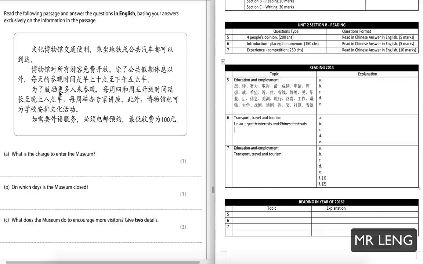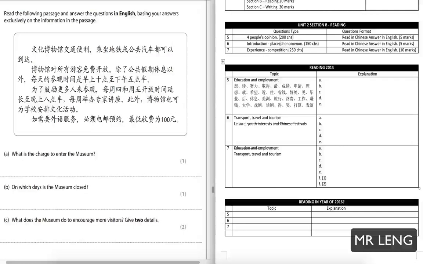为了鼓励更多人来参观 In order to encourage more people to visit, 每周四和周五开放时间延长至 extend to 晚上8点半。每周举办专家讲座 hold expert lectures. 此外 in addition, 博物馆也可为学校安排文化活动.